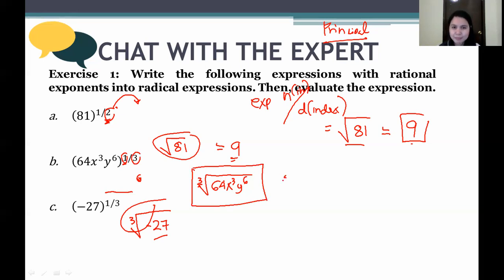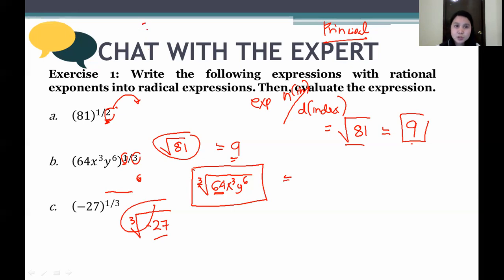You find a number that when you multiply by itself 3 times, the answer is 64, or a factor of 64. I suggest you start with the small ones.